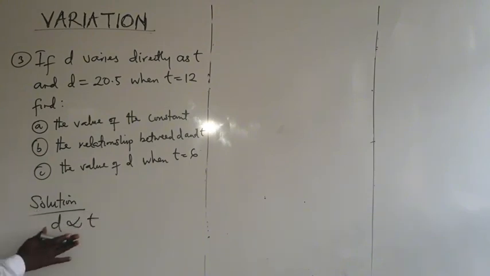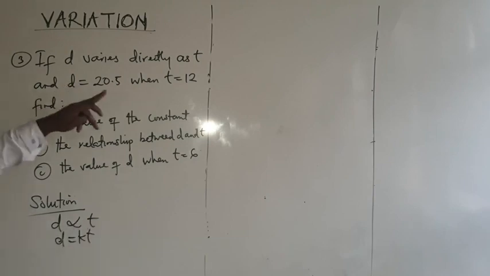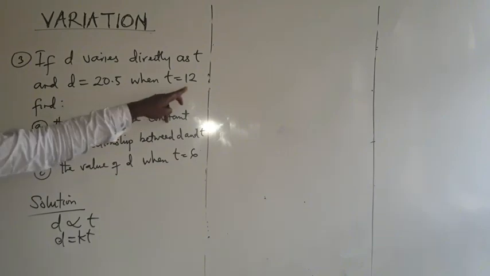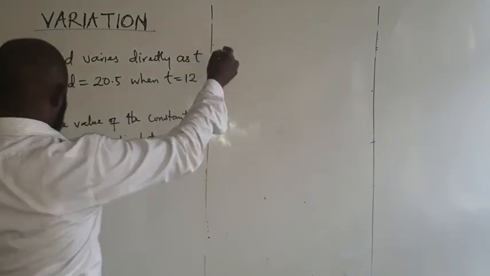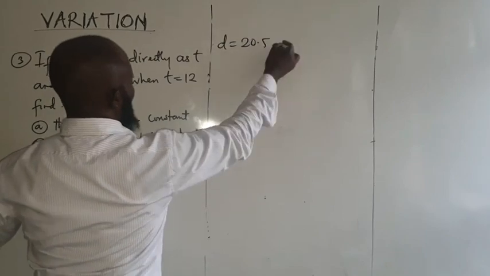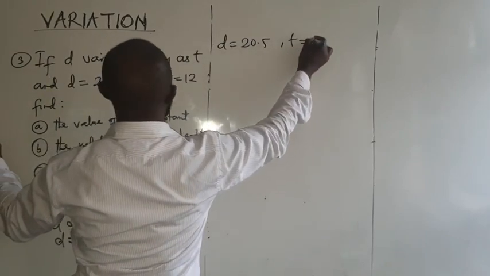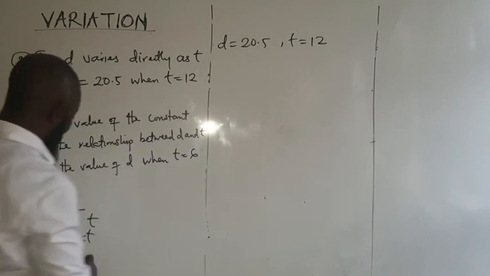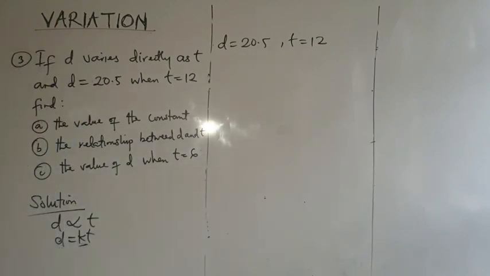The next thing is to change this symbol to equals, so D equals KT. D is 20.5 when T equals 12. So we need to find the value of the constant.